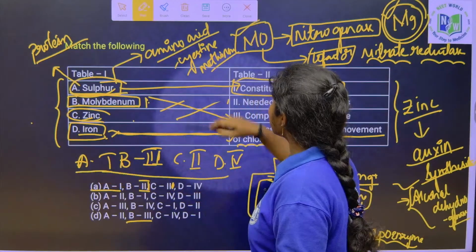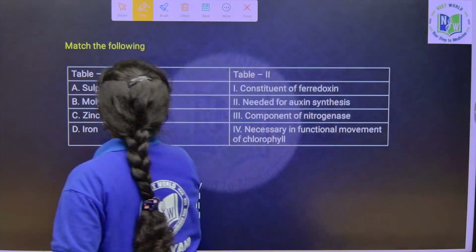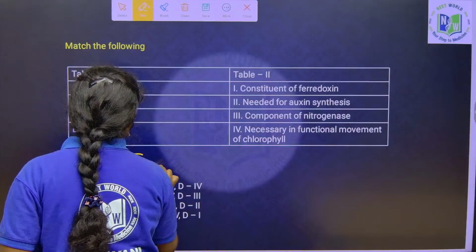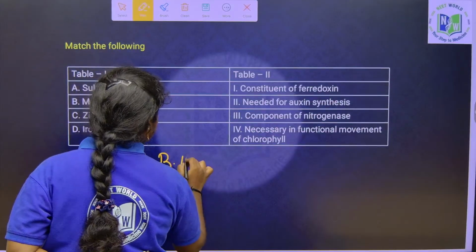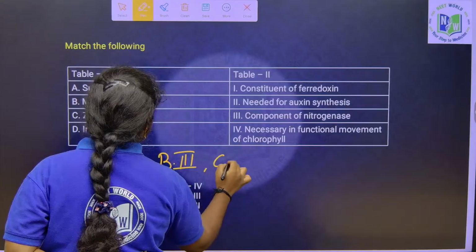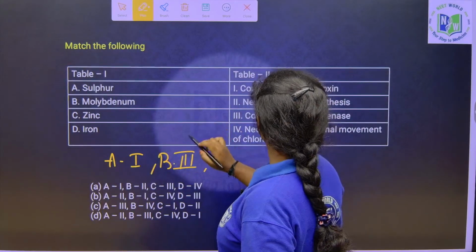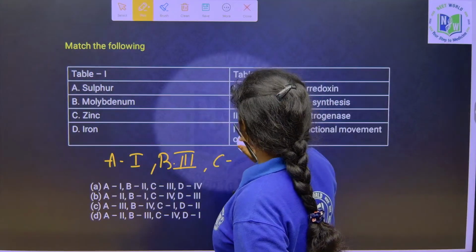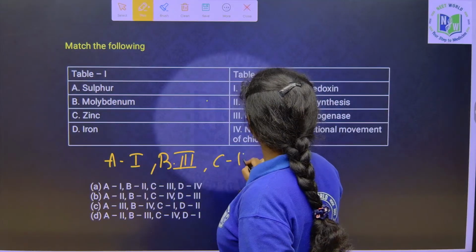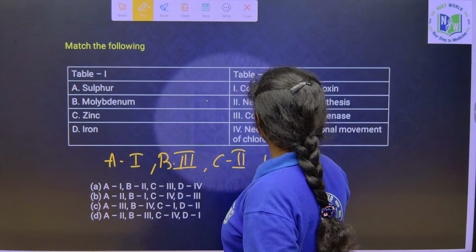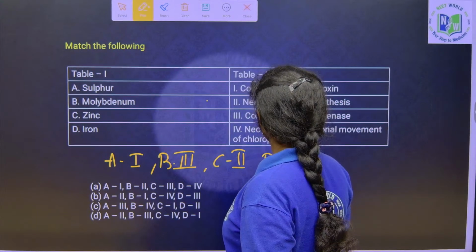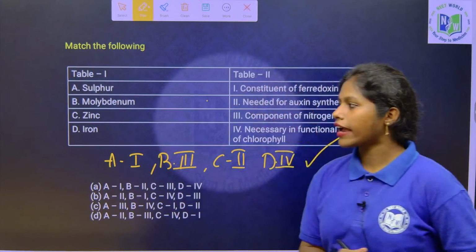The answer is A 1, B 3, C 2, and D 4. This is the right answer according to the question.